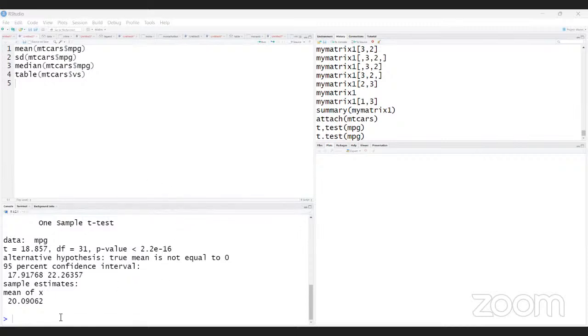So there is a data set we know, that is the mtcars.